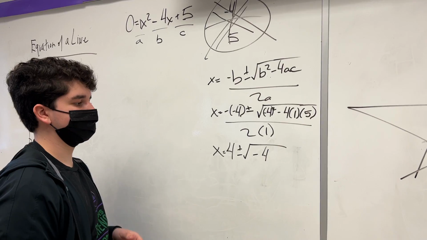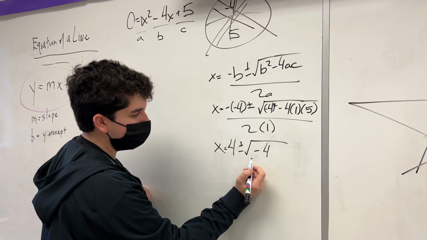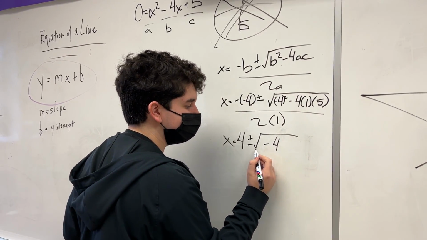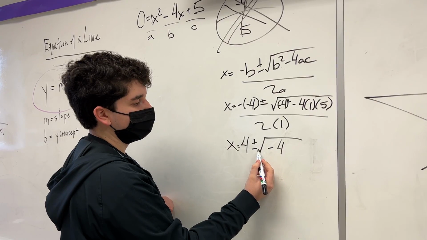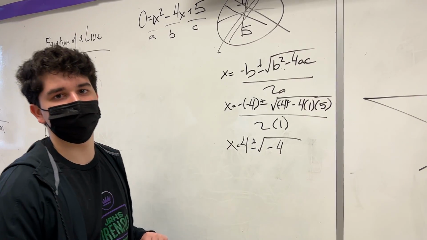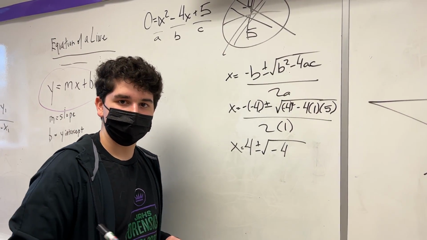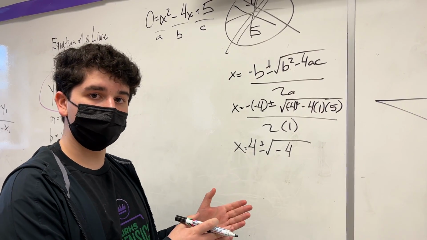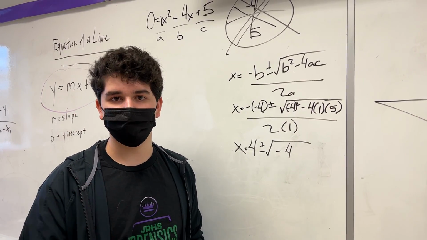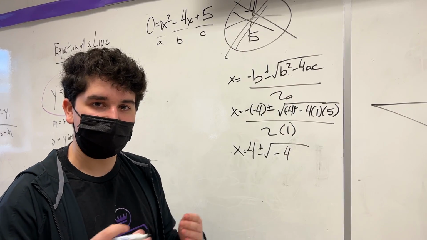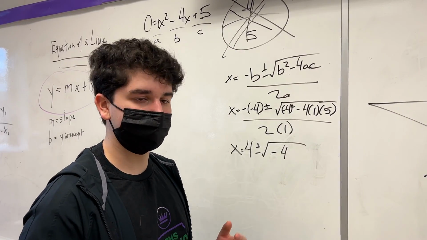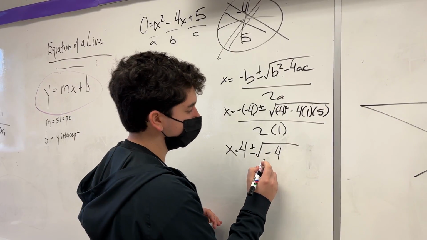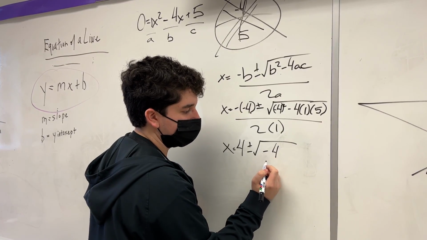We have a negative inside of a square root. You cannot do that. Nothing is going to multiply by itself to get a negative number. If you have a -1 times a -1, that's going to be a +1. Any negative number times itself, which is what squaring is, is not going to equal a negative. So we know that this is not possible.